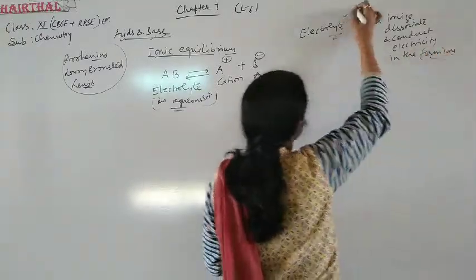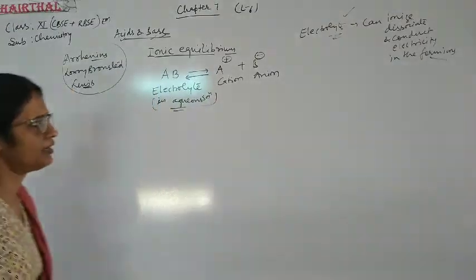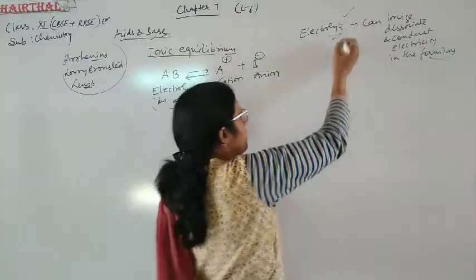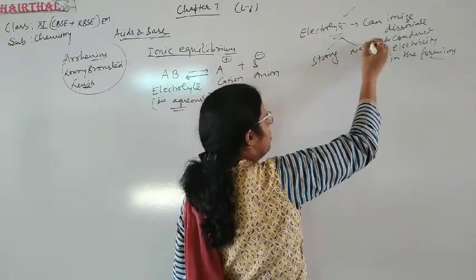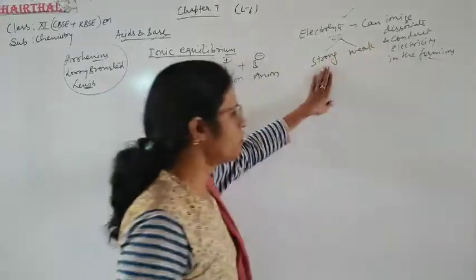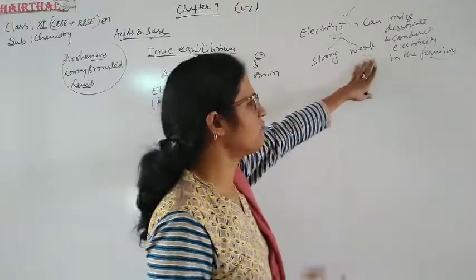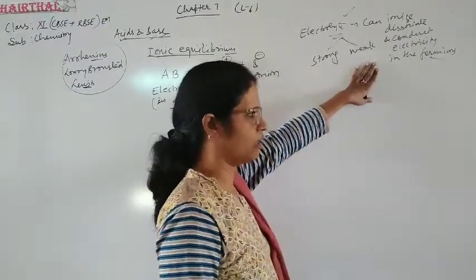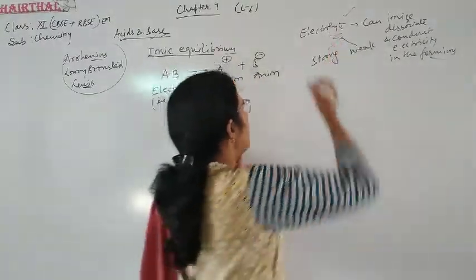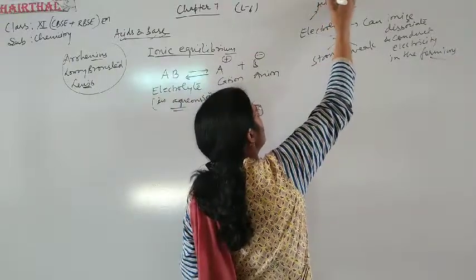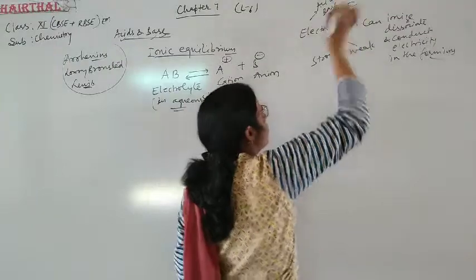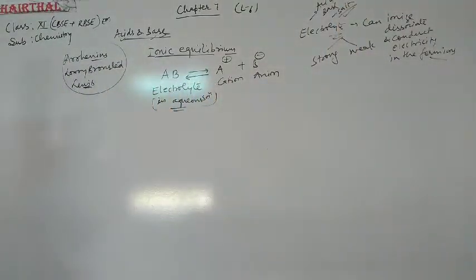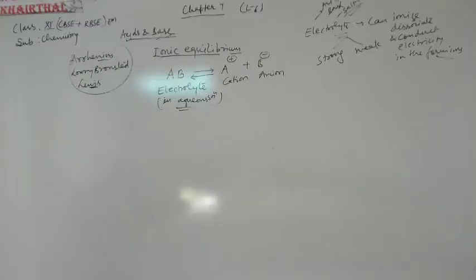Electrolytes may be of two types: strong electrolyte and weak electrolyte. Strong ionizes completely, weak ionizes partially. So an electrolyte may be an acid, a base, or a salt. Clear?